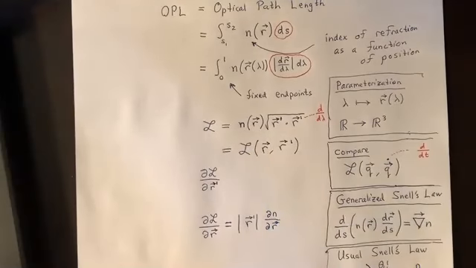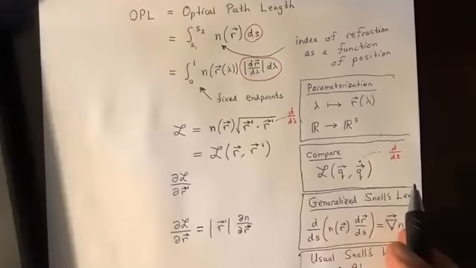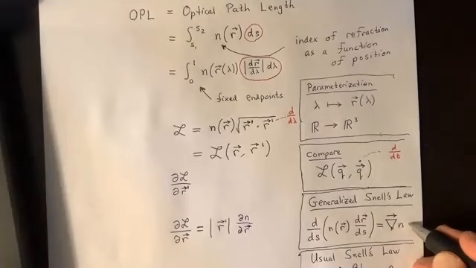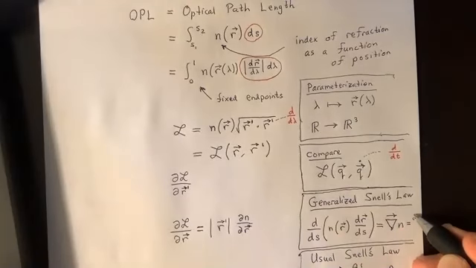But that partial n partial r really is the same as a gradient. You see, these two are identical, and therefore I must squeeze it in over here. I'm going to emphasize it's a question of notation. The gradient of the index of refraction, that's the most popular notation. But using the notation here, this is identical to the partial derivative of the index of refraction with respect to the r vector.